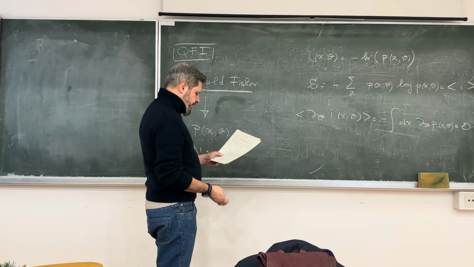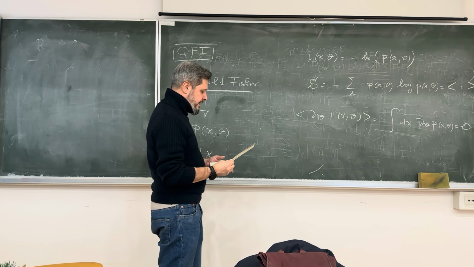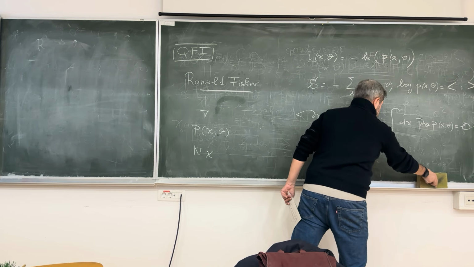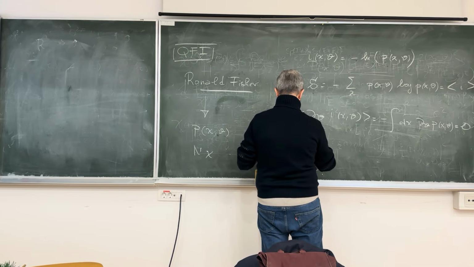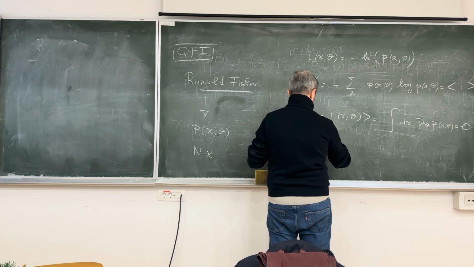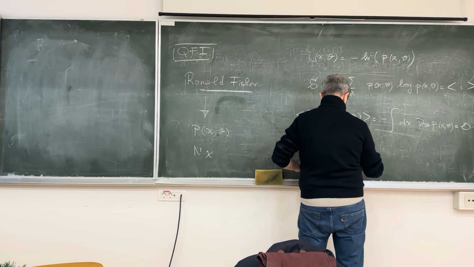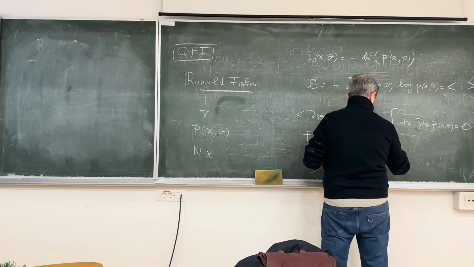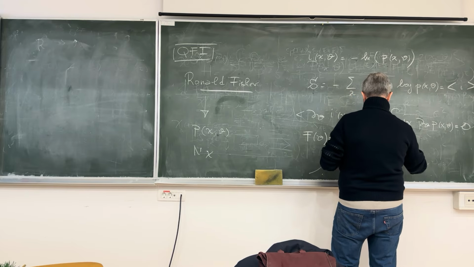So the first derivative doesn't work, but luckily the second derivative does the job. So the Fisher information is defined as the integral dx of I of theta and x squared.